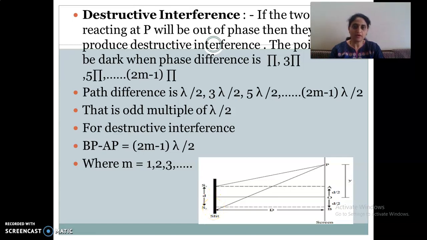So when waves OA and OB, at that time it is bright, the path difference is 0. So point O is the bright point. On the screen, alternate dark and bright bands are formed. So this screen point P is the bright point. At that time, the path difference, BP minus AP, is an even multiple.